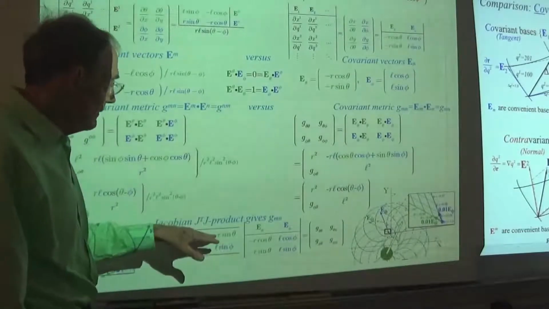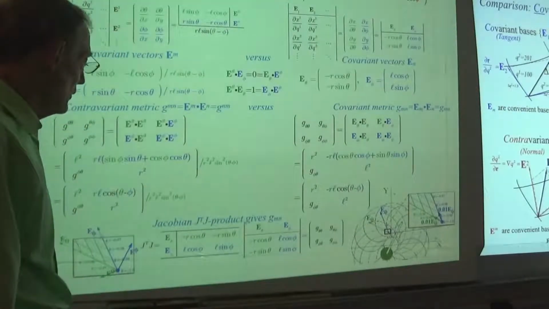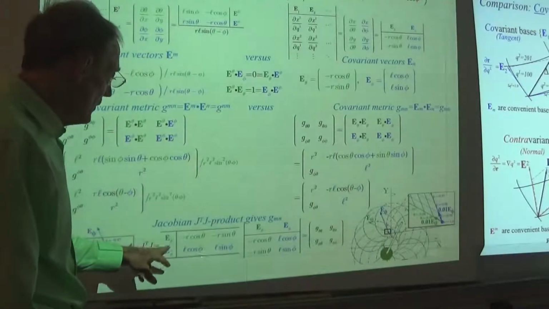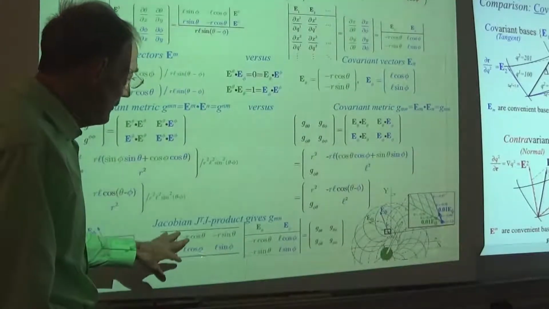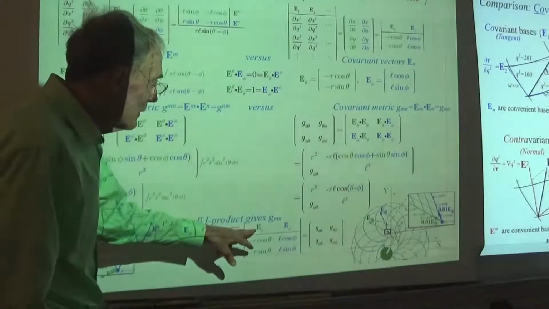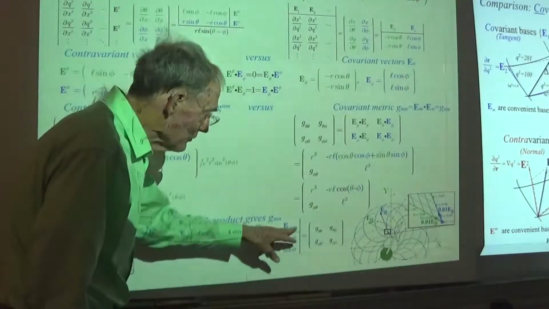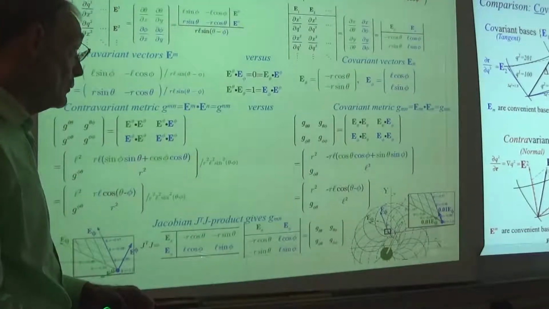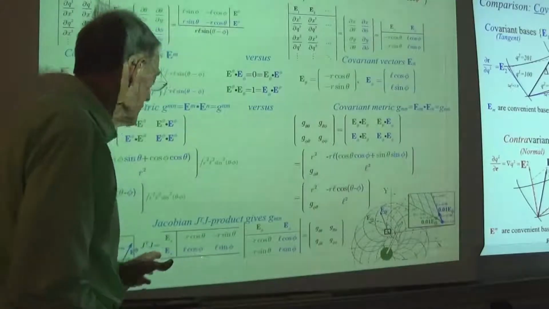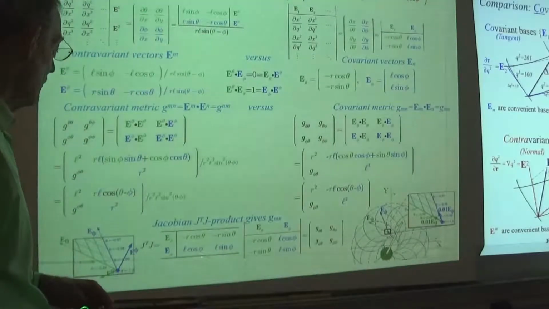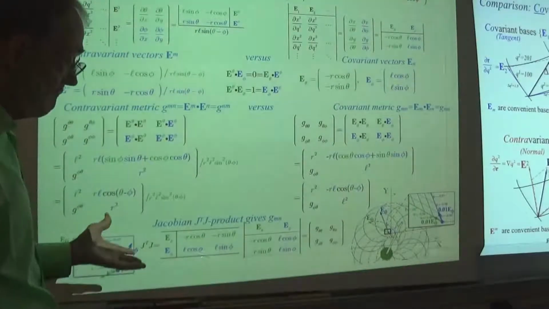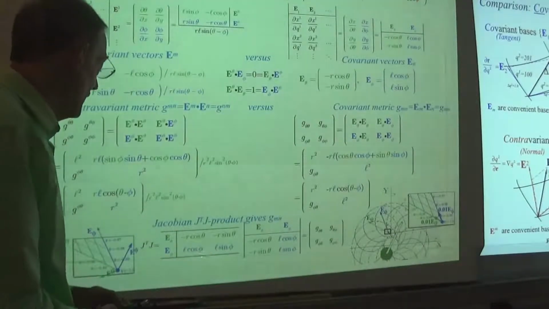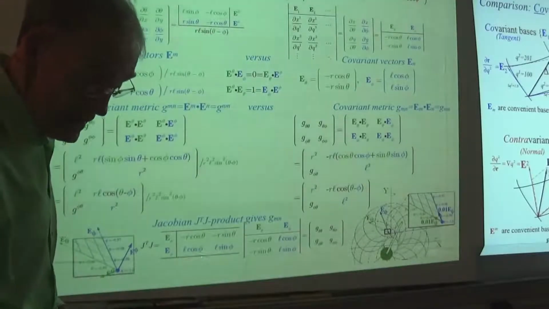So you look at the transpose of this covariant Jacobian with the non-transposed one, put those two together to make the metric. So that you know, if you're going to program this stuff, little points like that are worth keeping in mind.